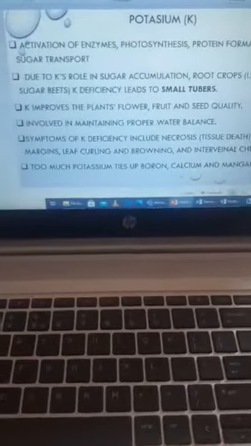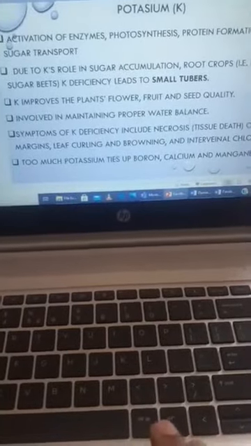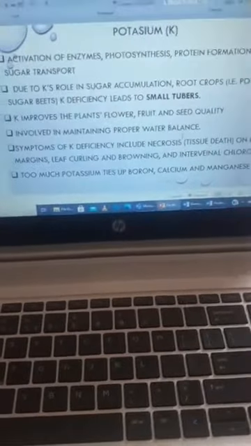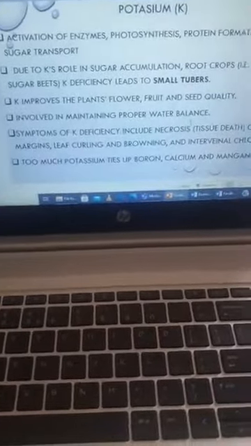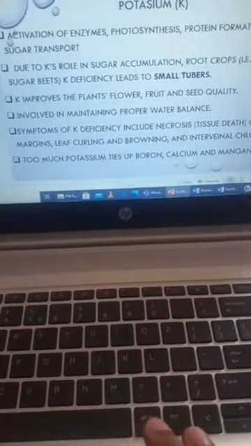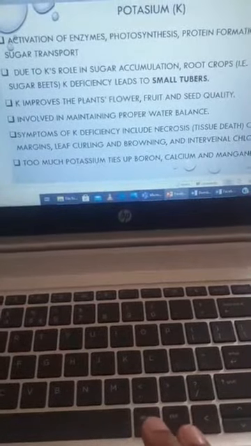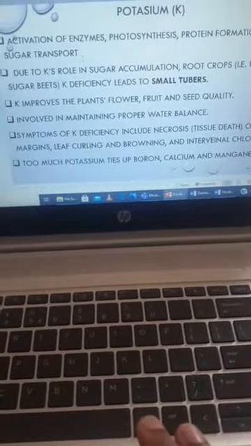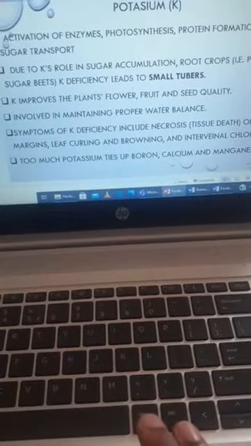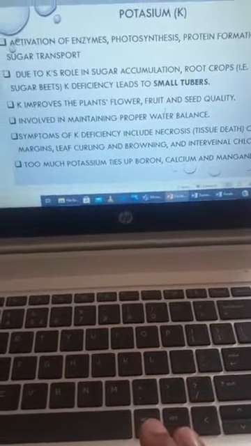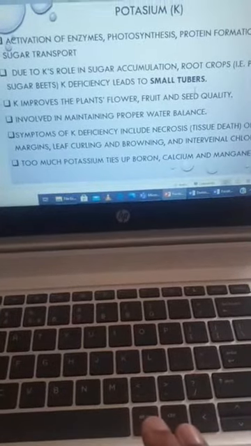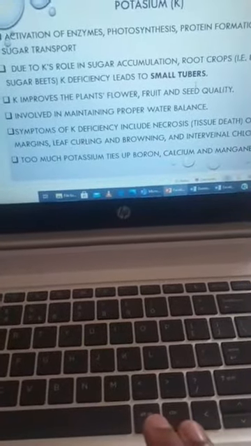Then we're coming to potassium, farmers. Potassium, NPK, is one of the major nutrients needed especially in your plants for photosynthesis, protein formation and sugar transport. That's why when you're planting your potatoes, or tuber crops, your carrots, you need that potassium, for taste and even size.